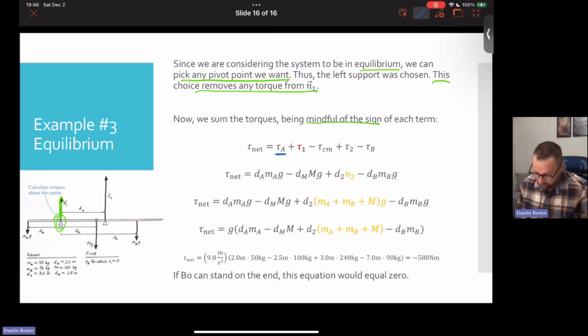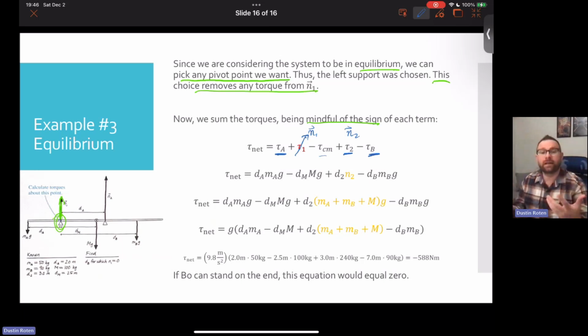We have a torque of 0 from the first normal force, so I'm going to go ahead and mark it out in red. We don't care. We also have a negative torque from the center of mass of the plank itself. We have a positive torque from the second normal force. And then we also have a negative torque from Bo.